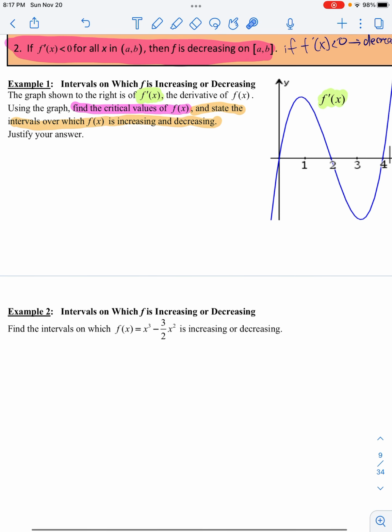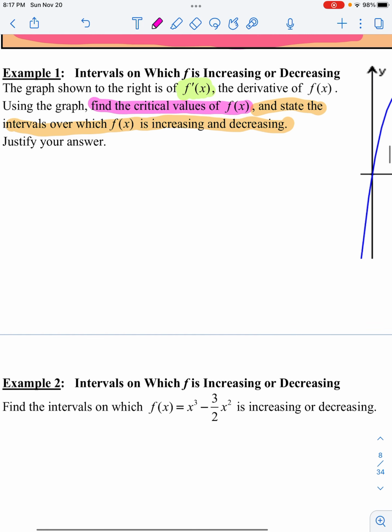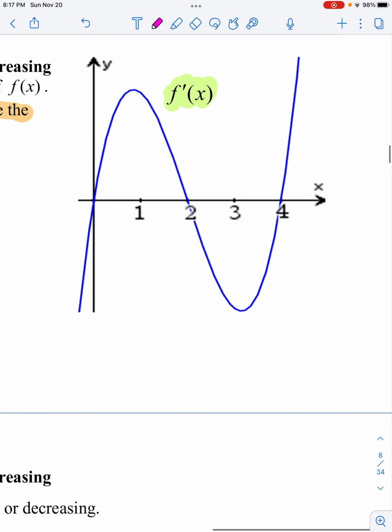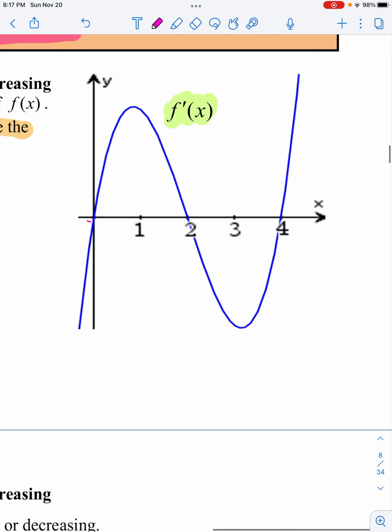So let's do the pink part. What are all the critical values of f? Look at your notes, guys. What is the definition of a critical value? That means, by definition, f prime of x equals 0 or doesn't exist. We have a graph of f prime. We can tell off this graph where f prime equals 0. It's going to be wherever it has x-intercepts.